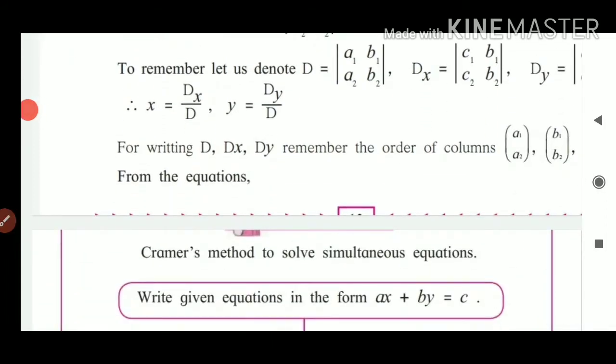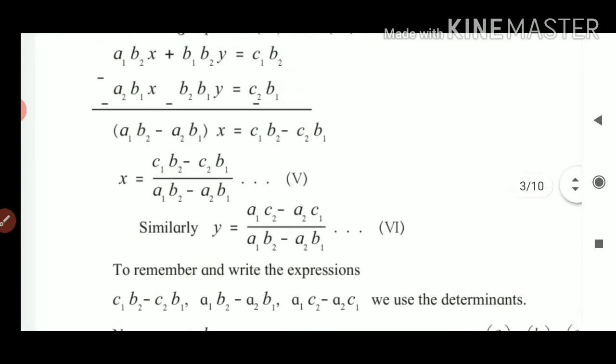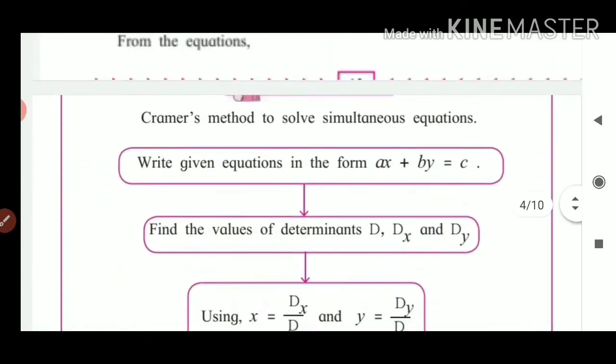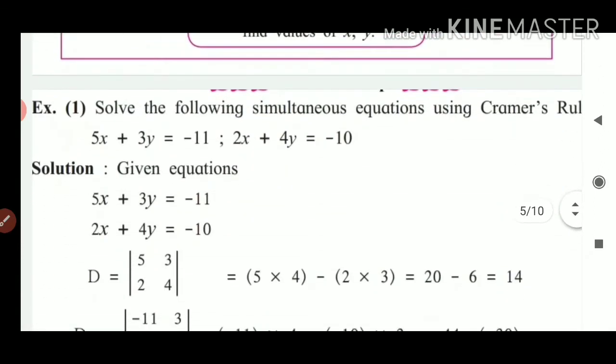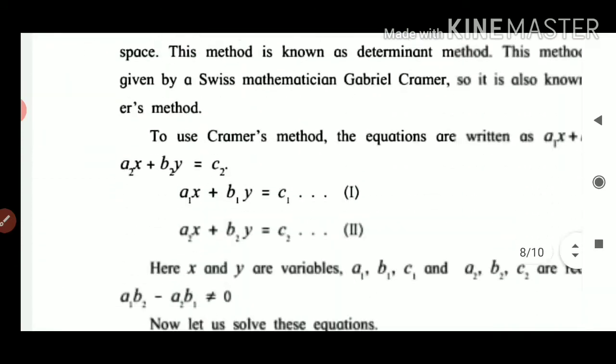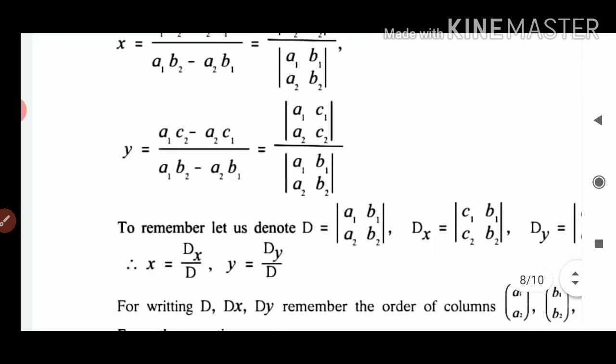See here, if a1x plus b1y is equal to c1 and a2x plus b2y is equal to c2, then the denominator D is a1 a2 in the first column and b1 b2 in the second column. That means in the first column coefficients of x and in the second column coefficients of y.